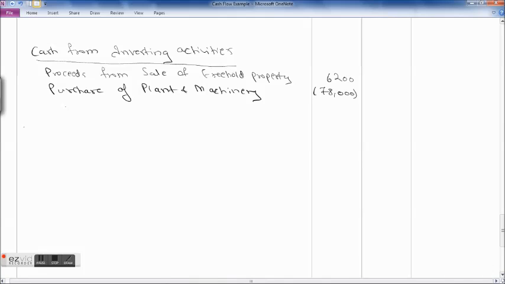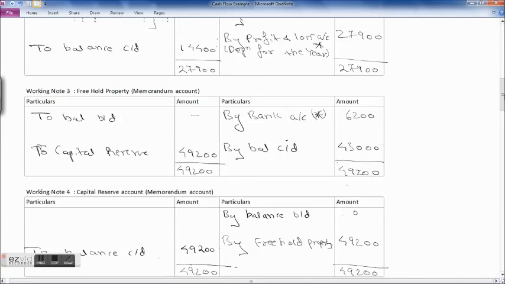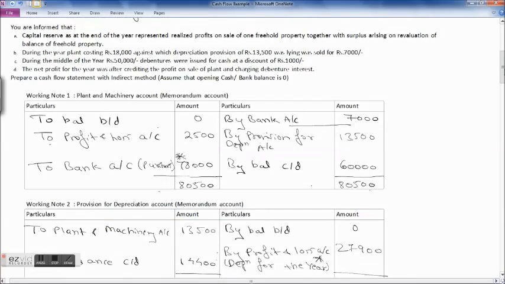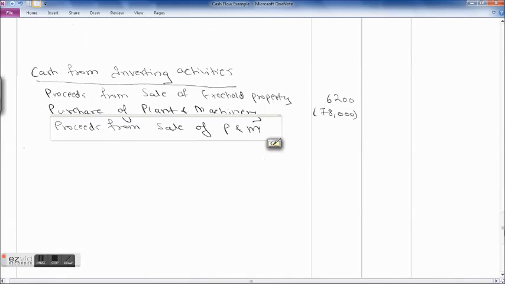Then proceeds from sale of plant and machinery. How much is the amount of proceeds on sale of plant and machinery? 7,000. I'll put it positive since there is a cash inflow.